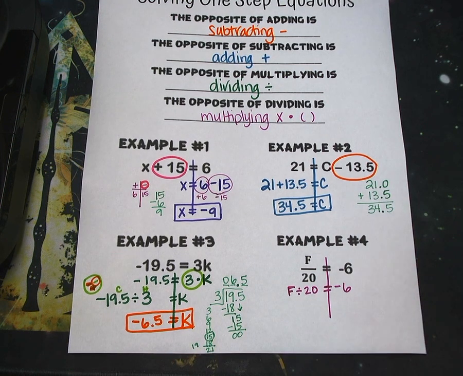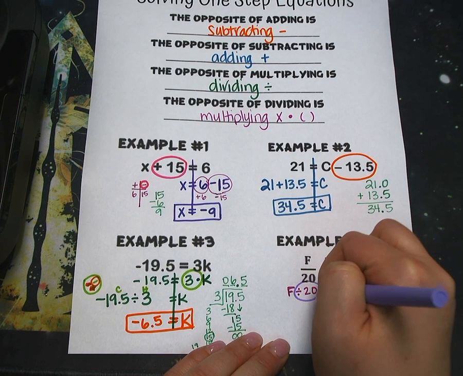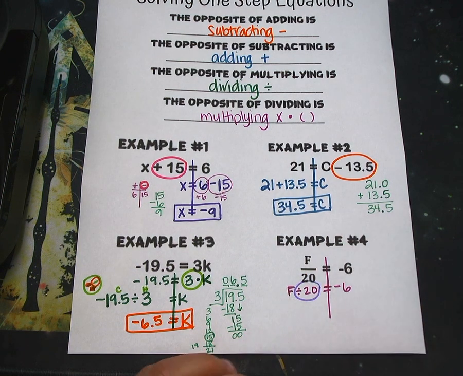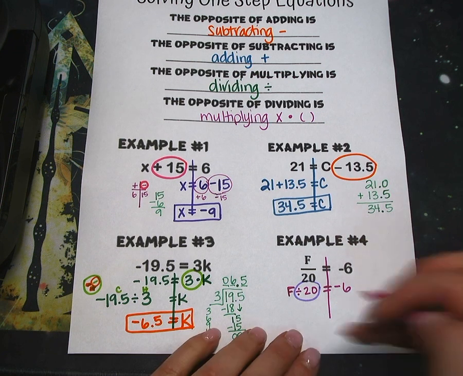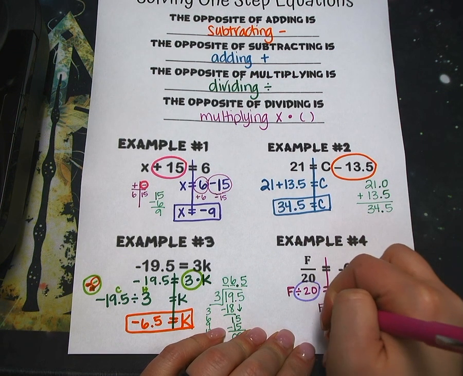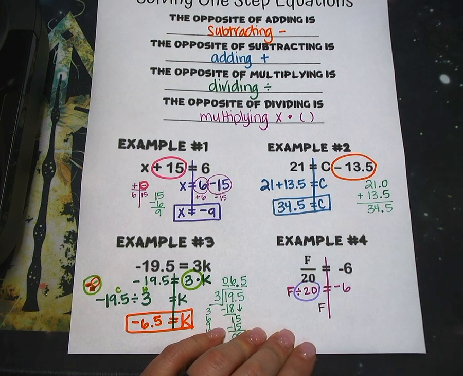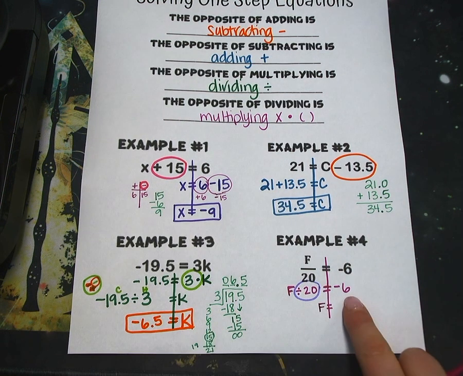So now that I've rewritten it, I'm going to circle what I want to get rid of, which is this divide by 20. I'm trying to get rid of that to make f by itself. So I'm going to write my problem down here. I have f by itself, okay? And then equal sign.